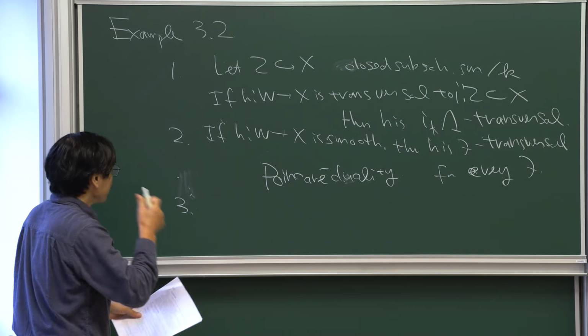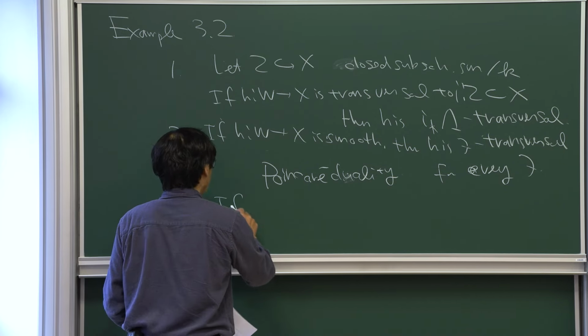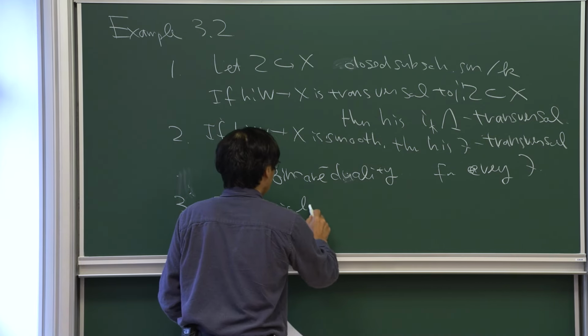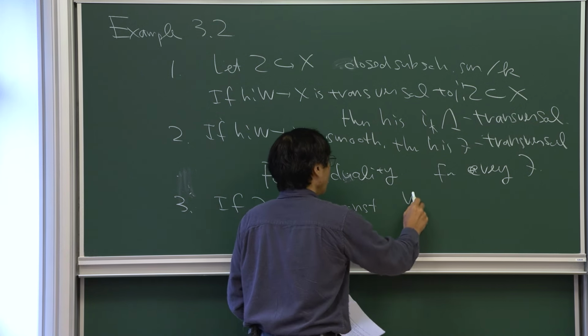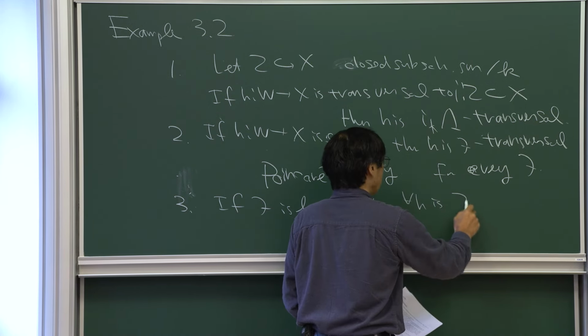Okay. The next one is if the sheaf is locally constant, then H is F transversal.